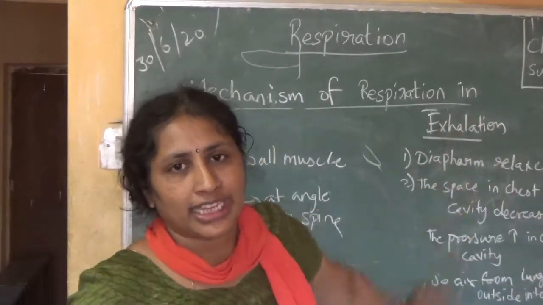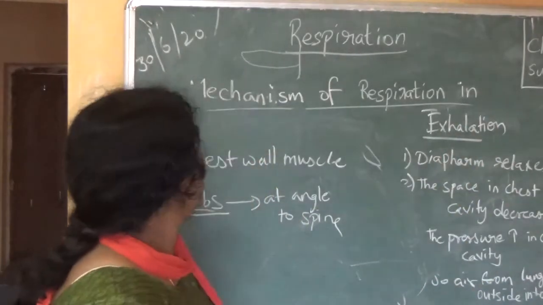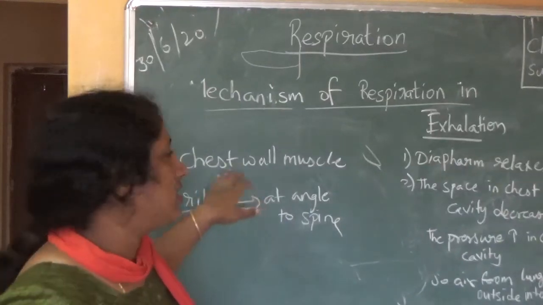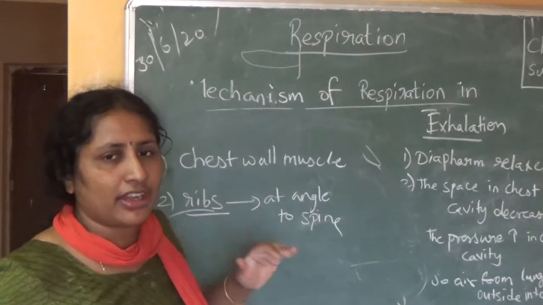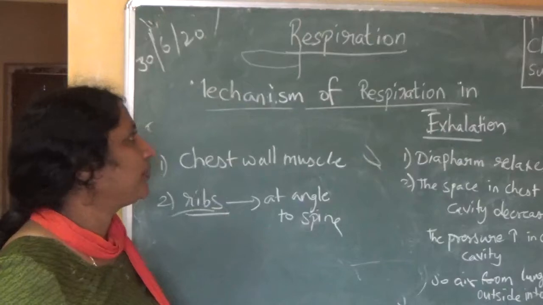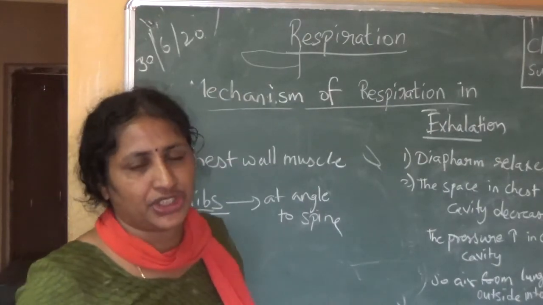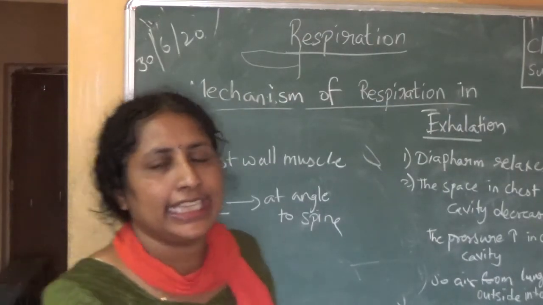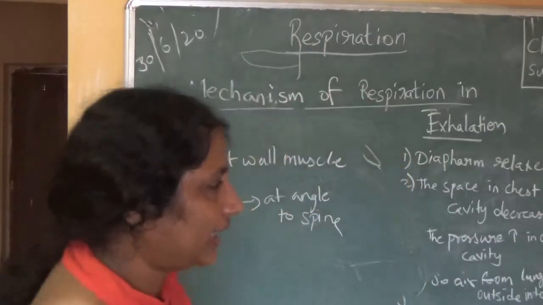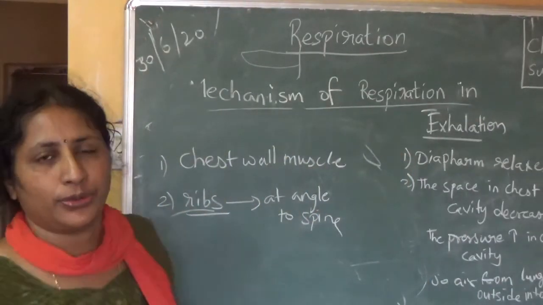So you need to write the role of the diaphragm, then mention that chest wall muscles and ribs are also helping in the mechanism of respiration, in inhalation and exhalation. Okay, clear? Thank you.